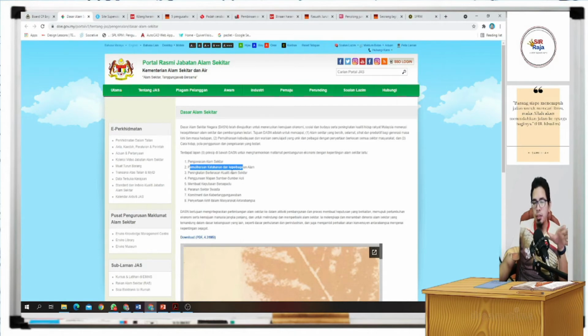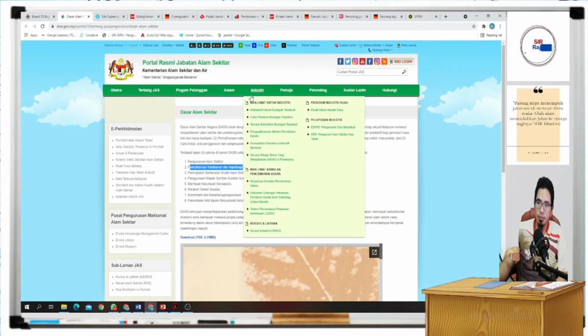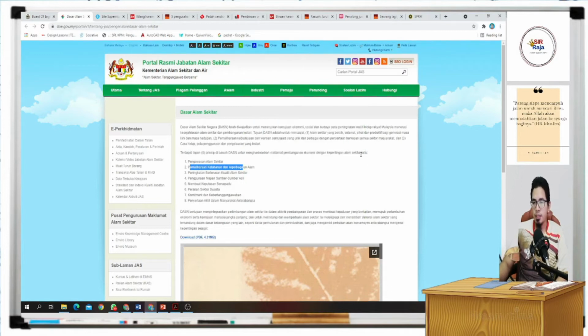So this department, they don't set the rules, but mainly make assessment, ensure that any industrial works abide with our natural and our environment's sustainability.